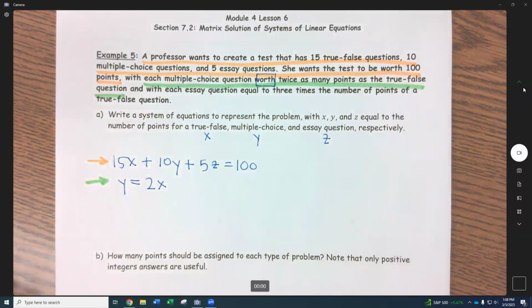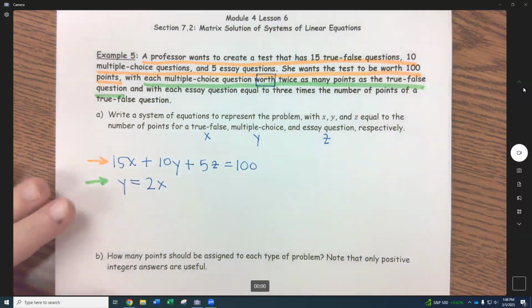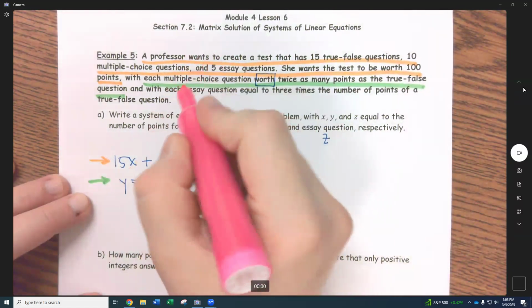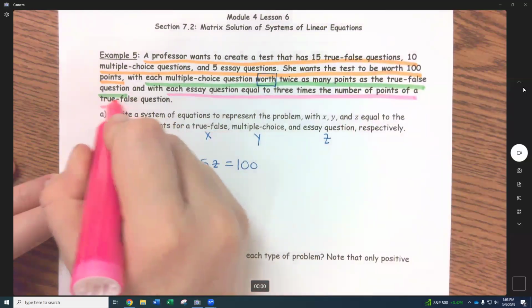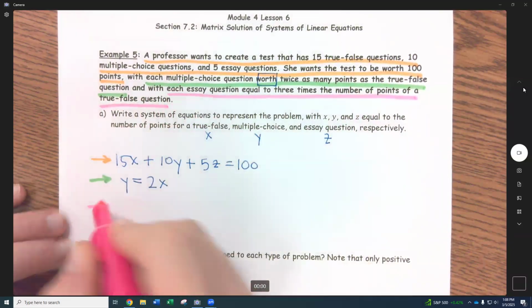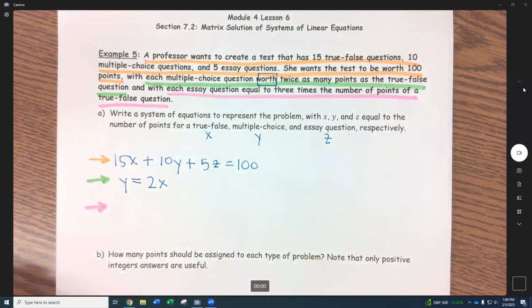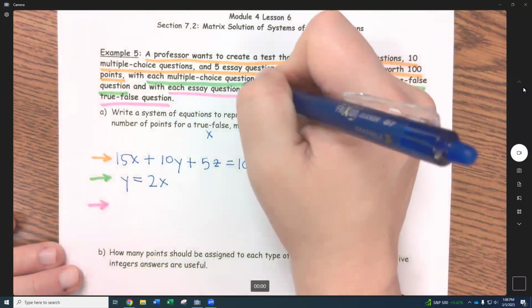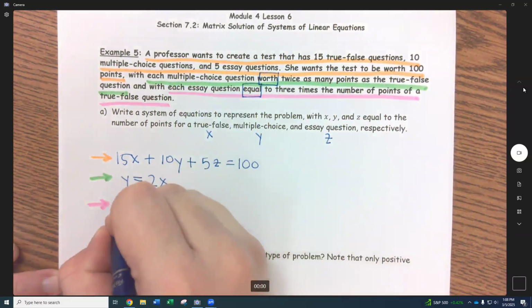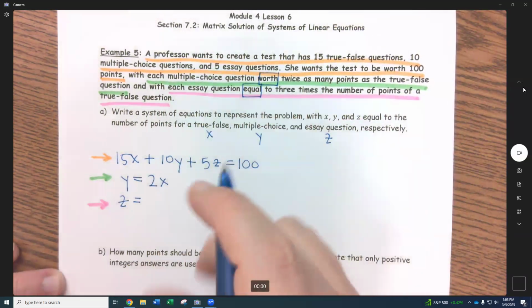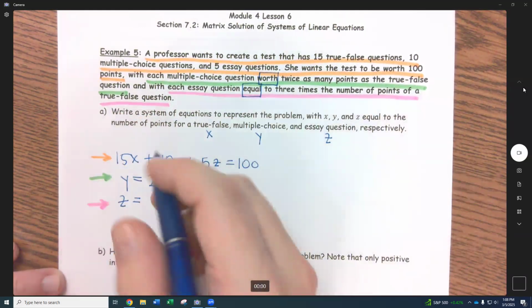And then my third equation says, and with each essay question equal to 3 times the amount of points as true false. Okay, this one just straight up tells me equals. Each essay question, essay is z, equals 3 times the number of points as true false.